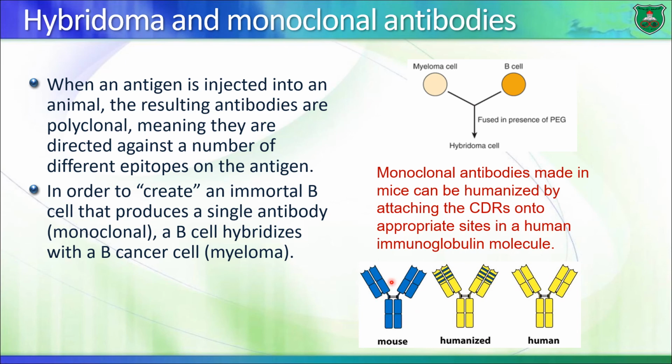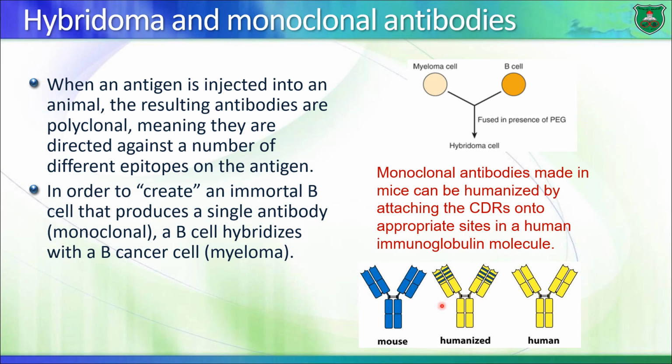And then this mouse would produce antibodies. By taking the gene that produces this immunoglobulin, with genetic engineering technology, it can be that the constant region would be human, but the hypervariable regions would be from the mouse.